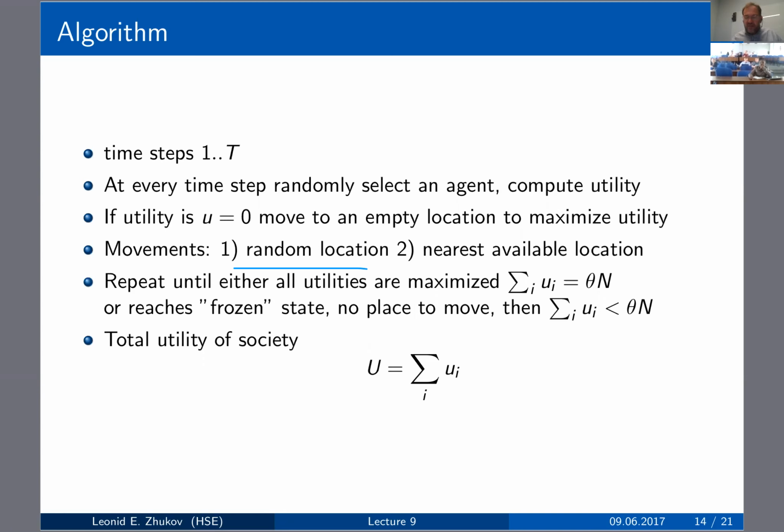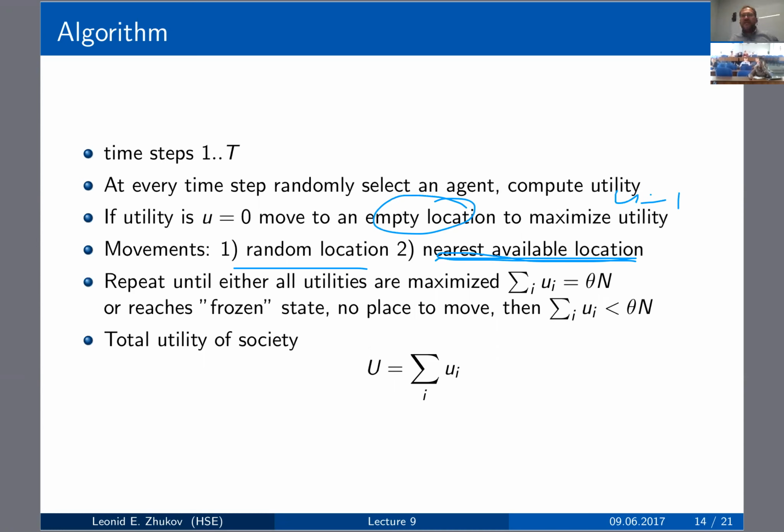So you can go to a random one, or you can say, okay, you know what? Let's mimic a little bit of real life, and the agent tries to prefer the location that is nearest to the agent, geographically, which on a graph means the number of hops from your current location.